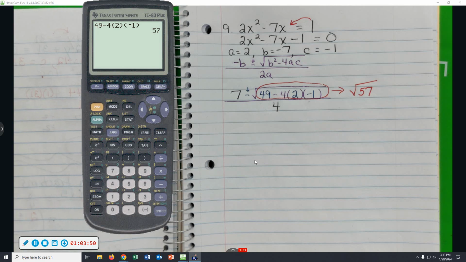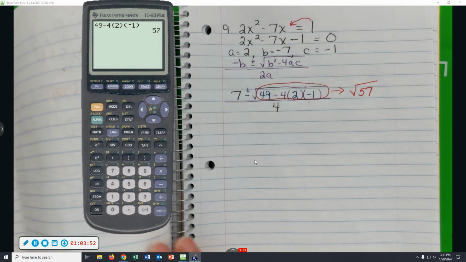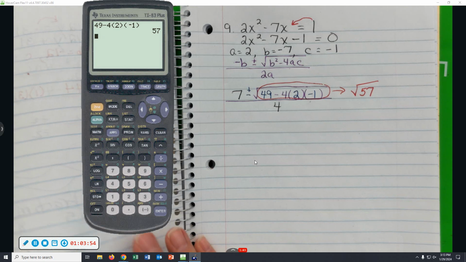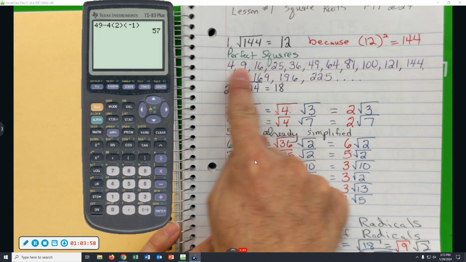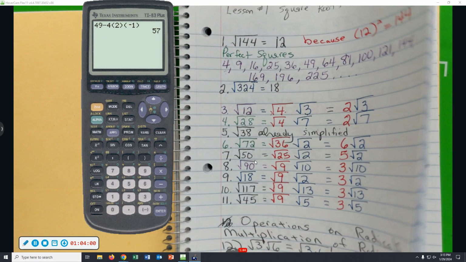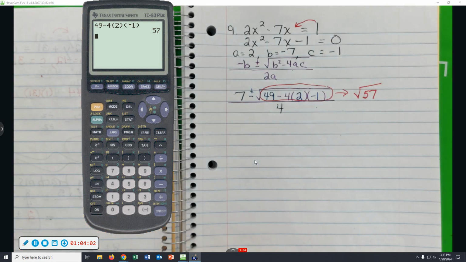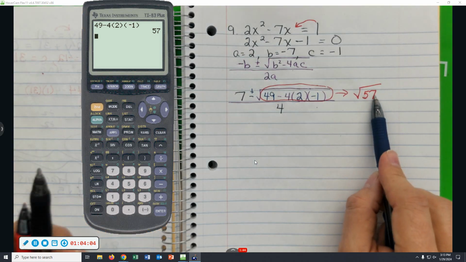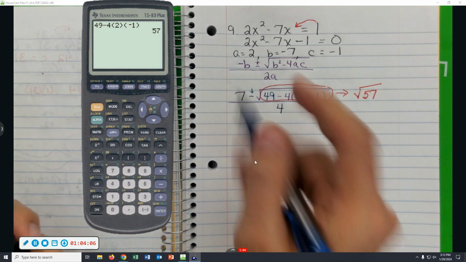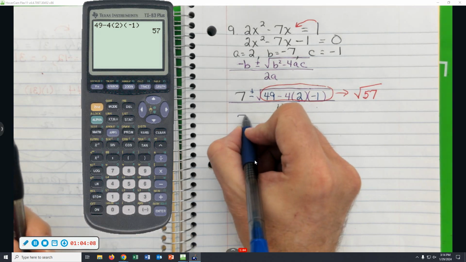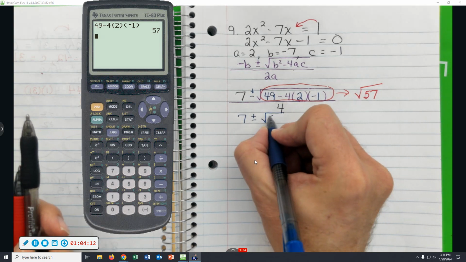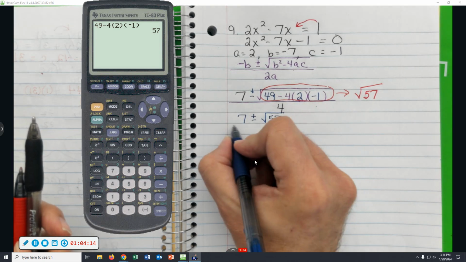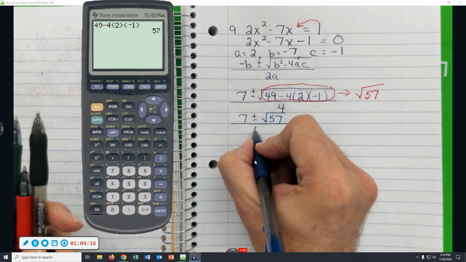57, can I simplify the square root of 57? No, there's no perfect square that divides evenly into 57. So we'll leave the square root of 57 as it is. Write down 7 plus or minus the square root of 57 all over 4.